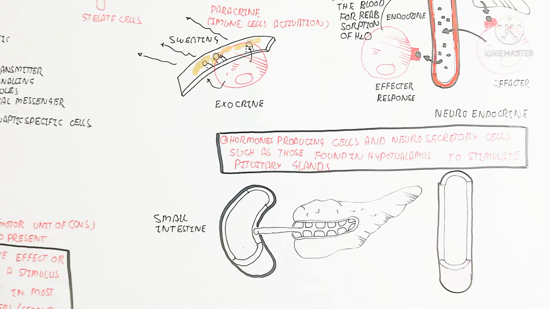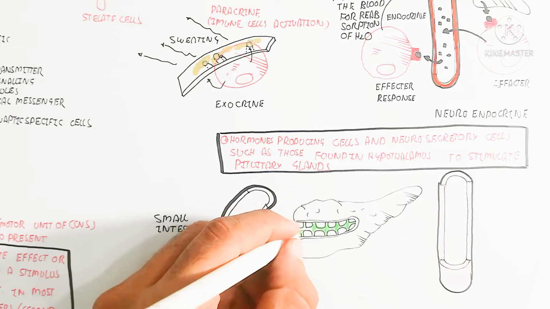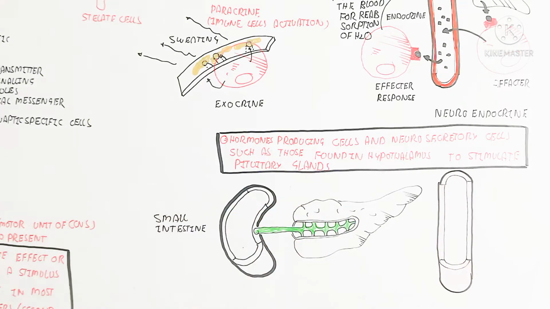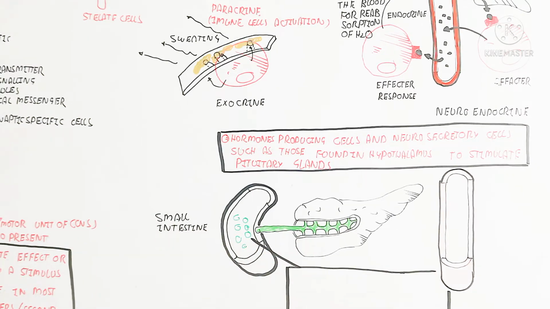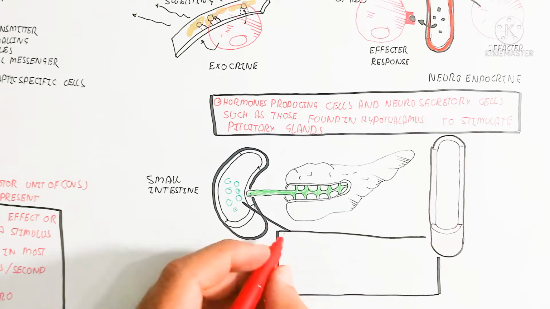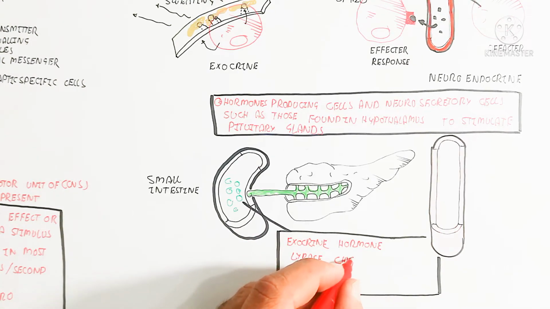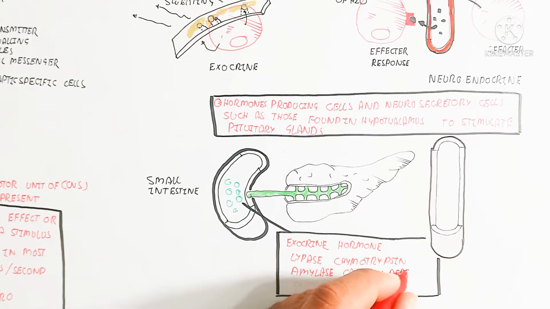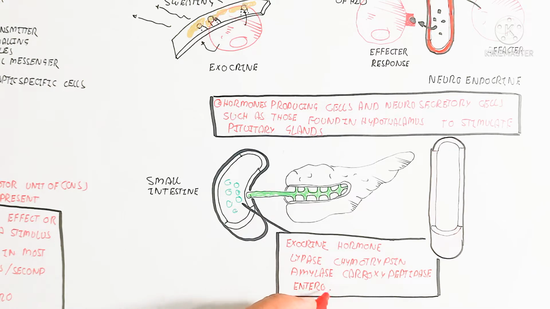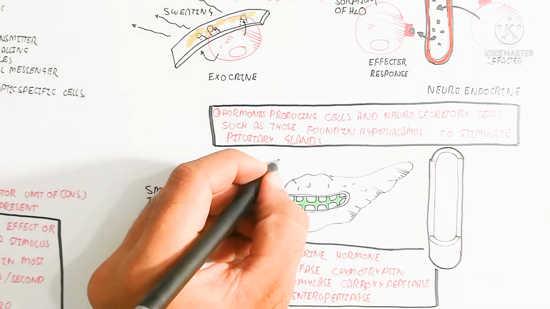The amylase, carboxypeptidase and enteropeptidase are used for digestion of protein, and fats are converted into fatty acids. Chymotrypsin is used for protein digestion, and carbohydrate digestion further. In this way the bolus is converted into chyme and digested into small particles. This is known as the exocrine hormone.